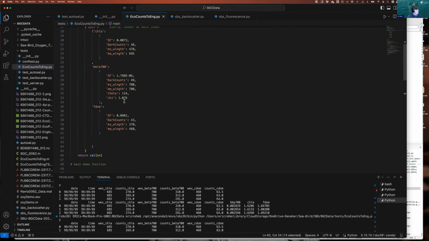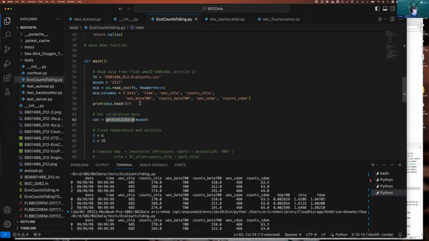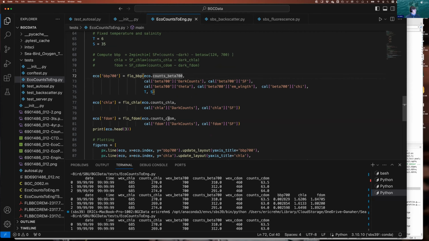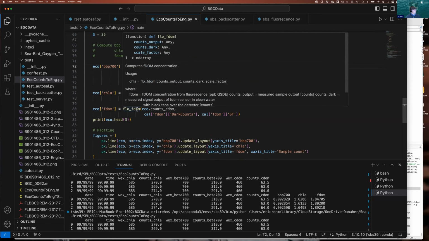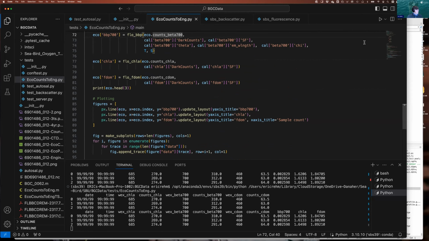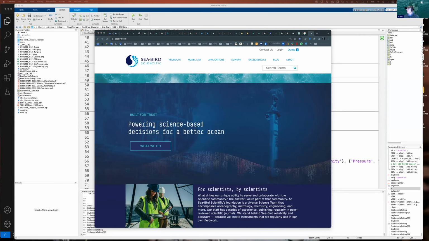I'll make this a little bit bigger, and essentially call our API again with the counts, all the calibration information, temperature and salinity, and do the same thing for chlorophyll and FDOM since we're here, and create a figure. So let's run this program. We have to find where it turns up, and unfortunately it ends up on another screen, which I'll bring over.